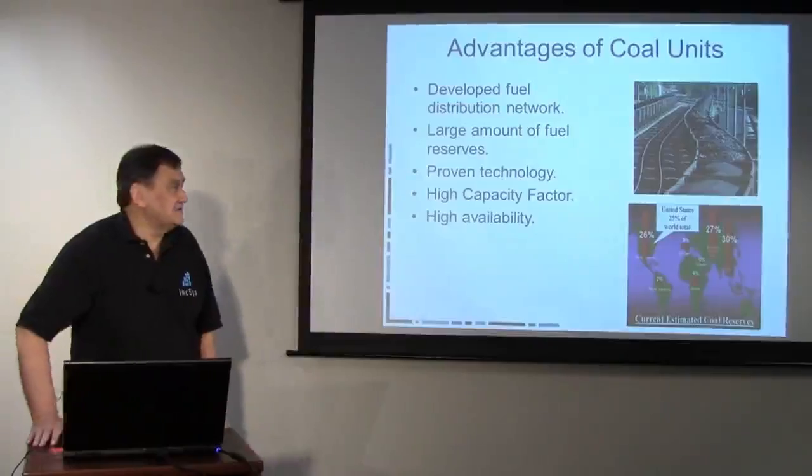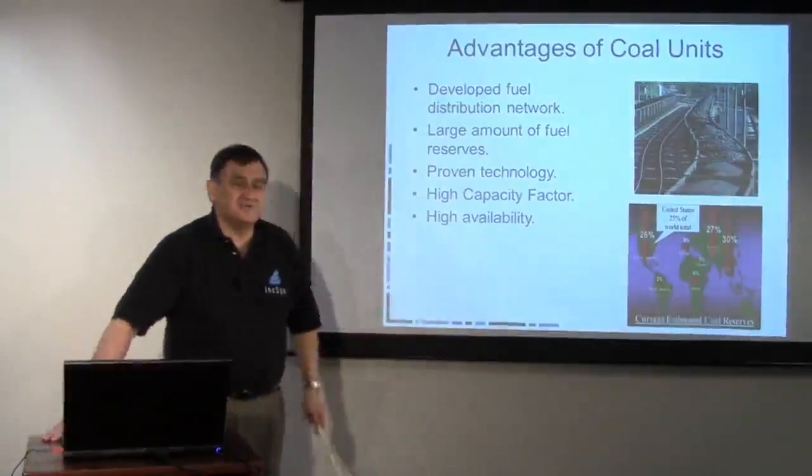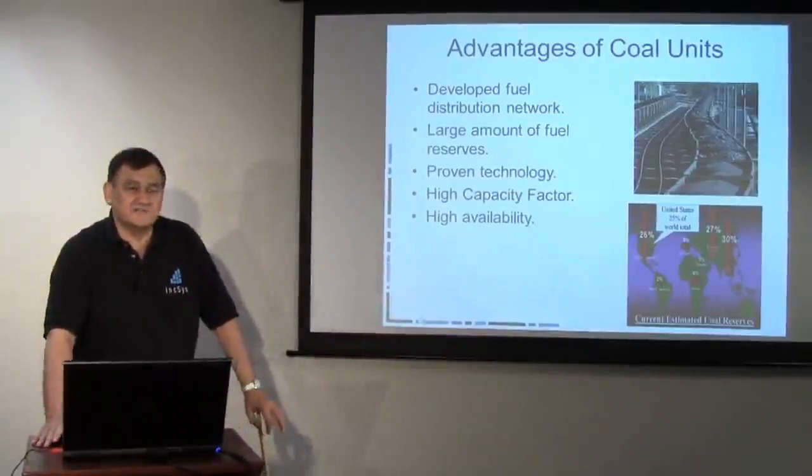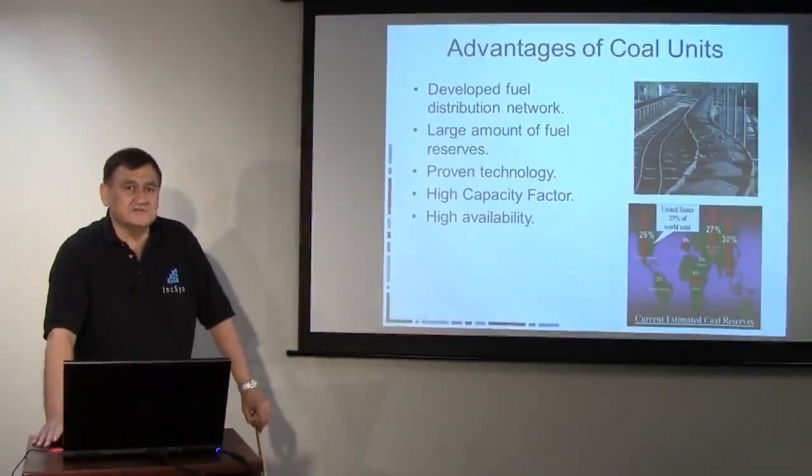So if we summarize, the advantages of coal plants is that there's a very well developed fuel distribution network with primarily rail and barge. We have a tremendous amount of fuel reserves. We see that the U.S. has 25% of the world total for fuel, literally enough to last for roughly 150 years.